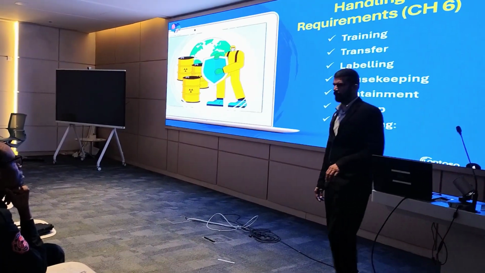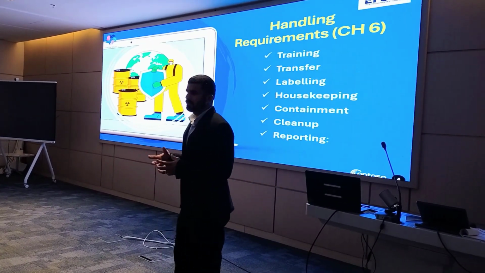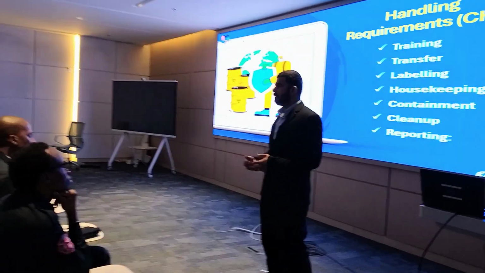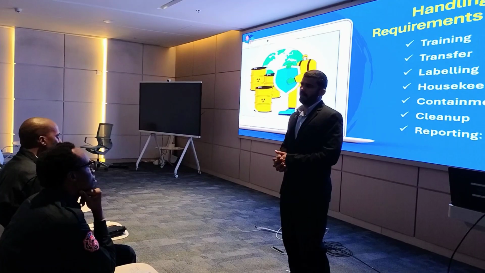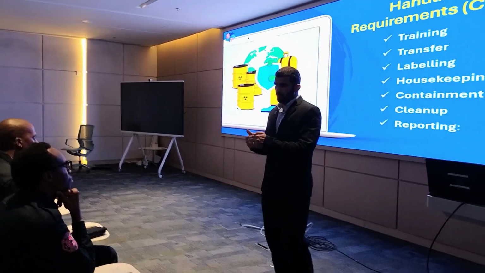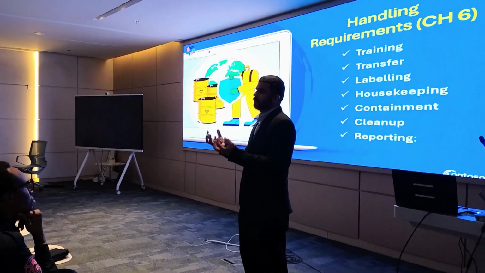Handling requirements. What are the requirements when we are going to handle flammable solids? Number one is training. What kind of training? Training given to staff on how to handle these flammable solids.